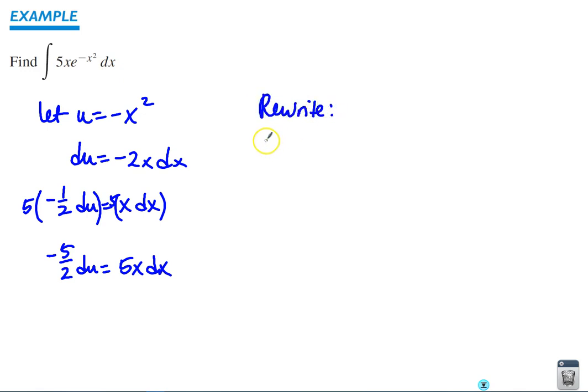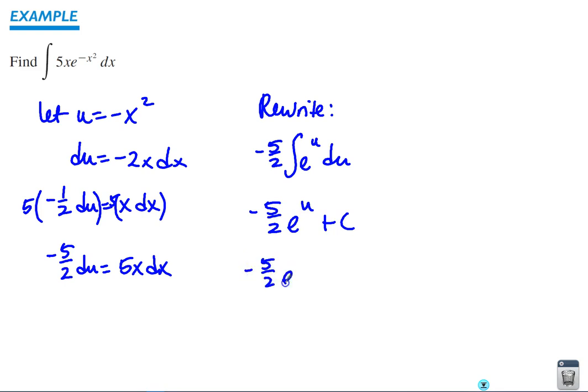So rewrite, I'm going to have negative 5/2 e to the u du. Let me double check. So negative 5/2 du takes care of 5x dx, and then e to the u takes care of e to the negative x squared. Yep, I think we're good. So negative 5/2 e to the u plus c, so negative 5/2 e to the negative x squared plus c.